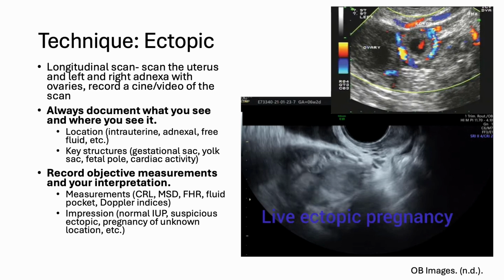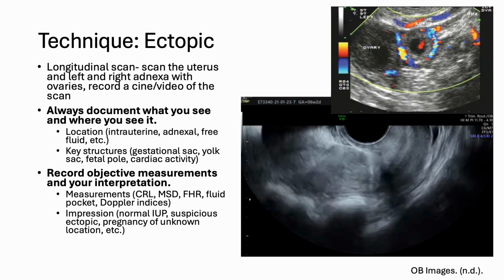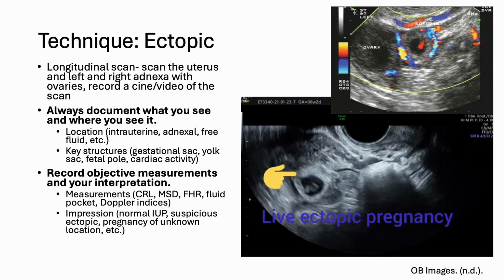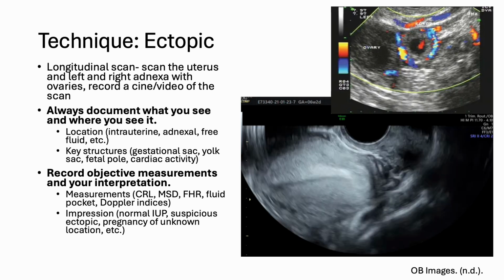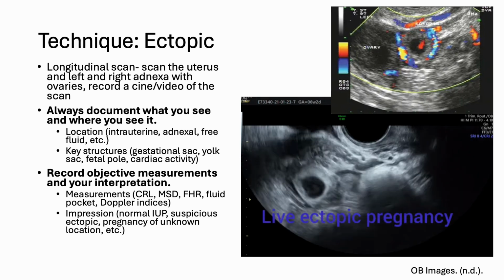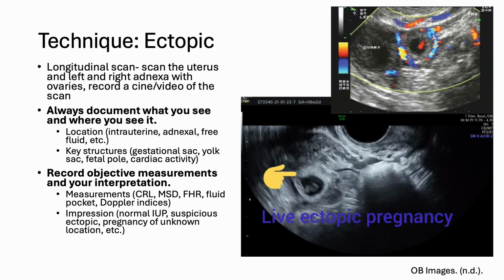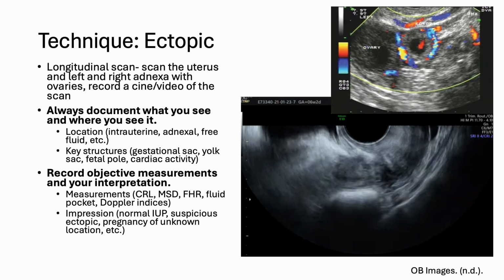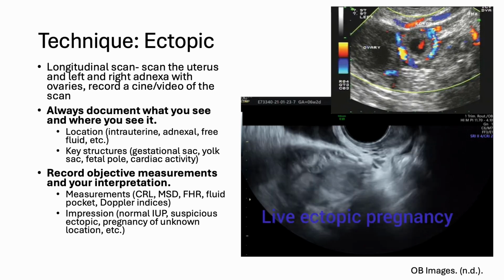And if you look closely, you can see actually a little tiny fetal pole in there. The other image on the screen shows the ring of fire, which is using a color Doppler to look at an adnexal mass. You can see the ovary right next to it, and that shows that there is blood flow to that mass, and it also shows a little tiny fetal pole inside.